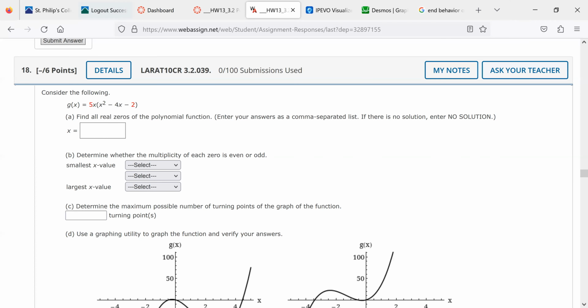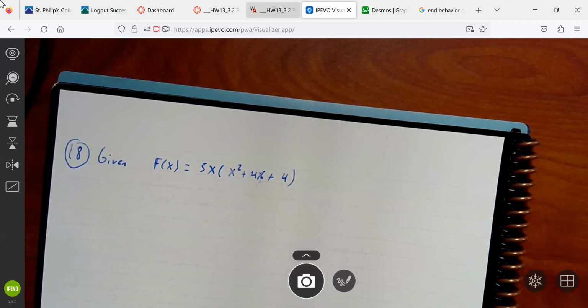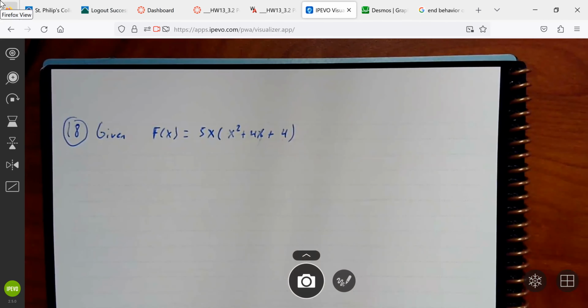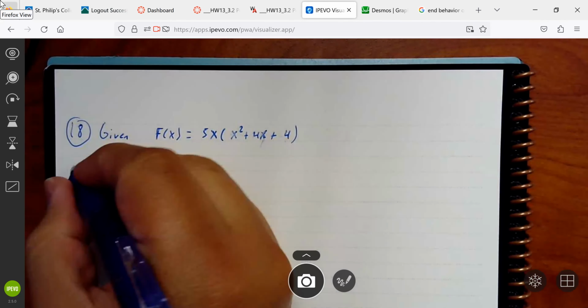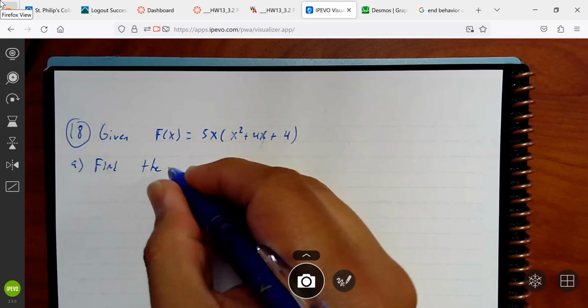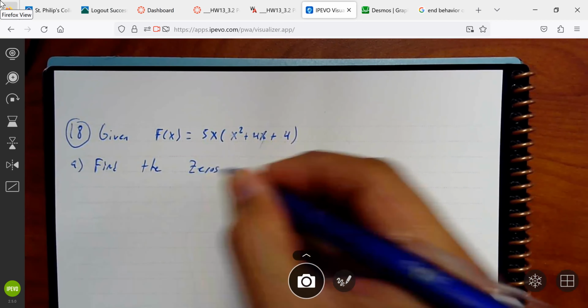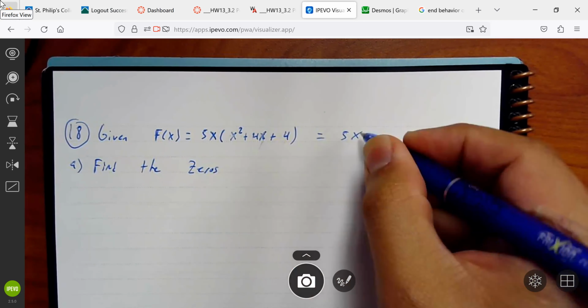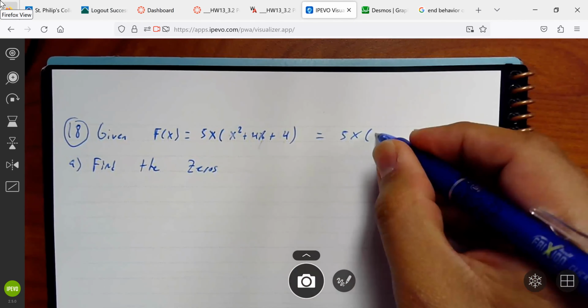Here we go. Sorry about that. I think this will be nicer. So given this guy, part A was find the zeros. So we should first factor everything. I made one up that factors a little prettier.